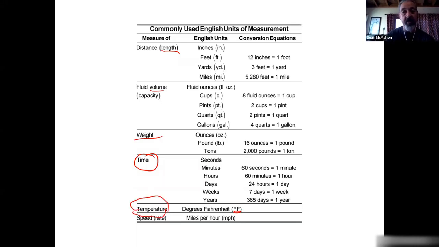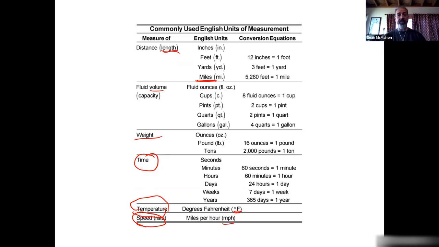We'll talk about how everywhere else they use Celsius. And then speed, which we do miles per hour, because when we look at length, we use miles, right? So when you're in sports, you're running the mile, right? 4 laps around the track. They're not telling you that a lap is basically 440 meters, right?